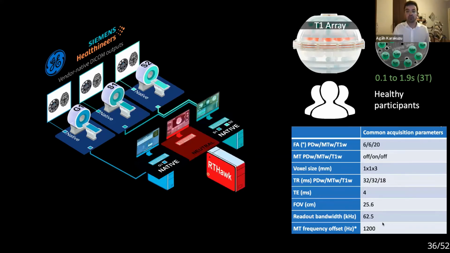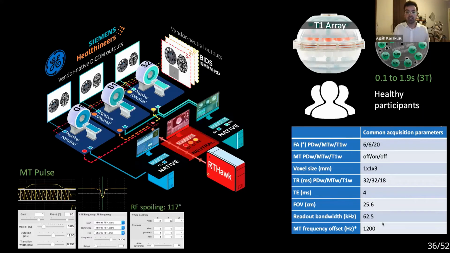And then we deployed our vendor-neutral MT-SAT implementation on these scanners, where all the acquisition parameters were identical. In addition, the vendor-neutral outputs, as you can see here, were BIDS and ISMRM ready. Now I will play a video showing the vendor-neutral data export on a Siemens scanner, but which happens the exact same way on a GE scanner.